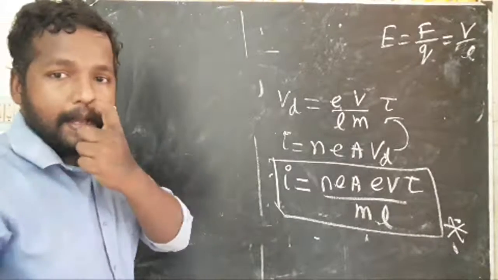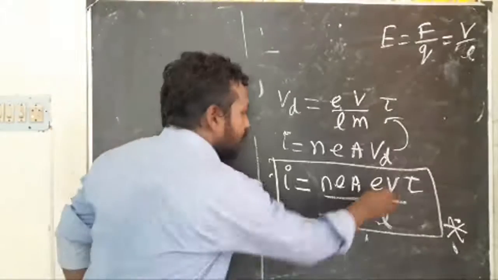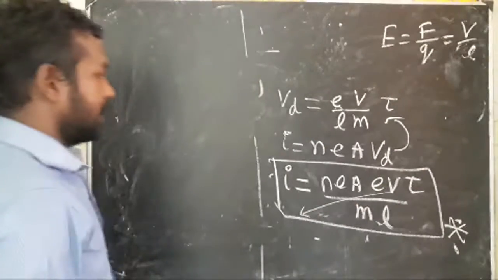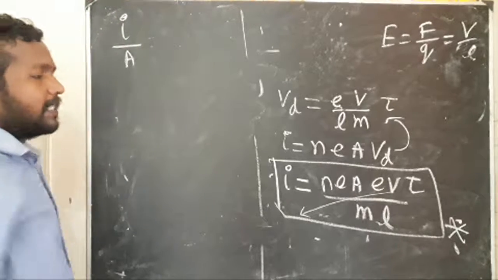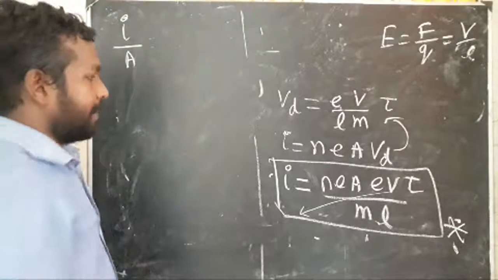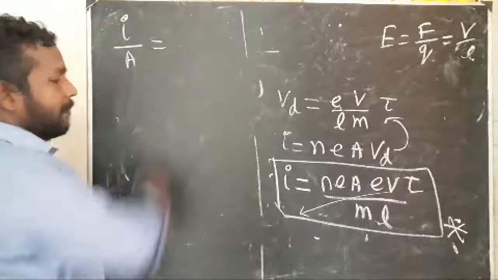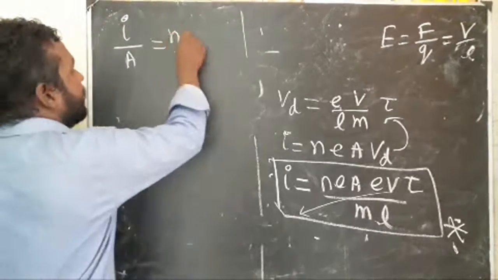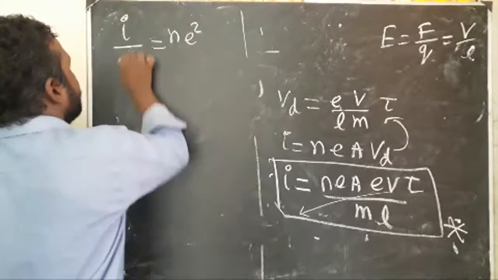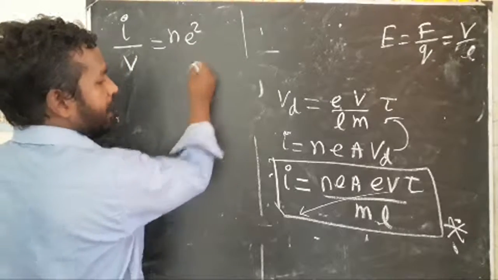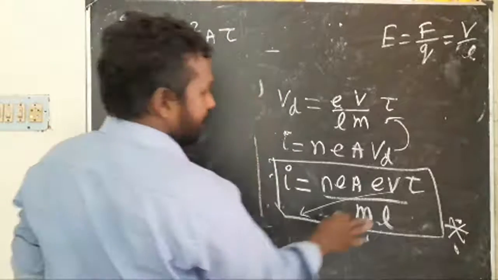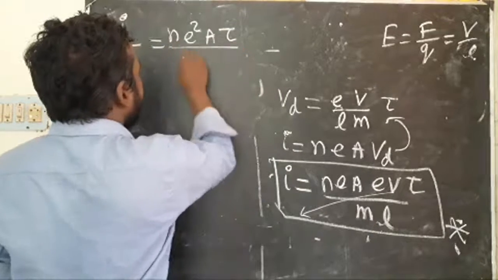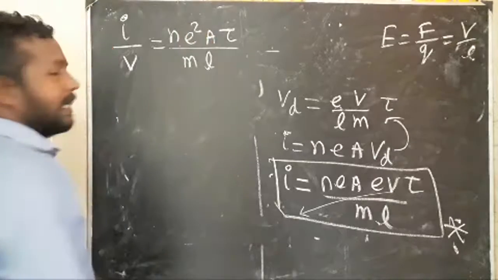I'm going to bring the voltage here, so I divided by A, and if you are bringing voltage here, that will be V, is equal to n e square A tau divided by m L. Like that we'll get.